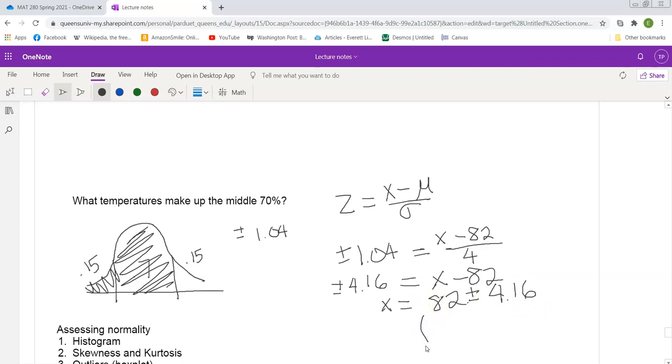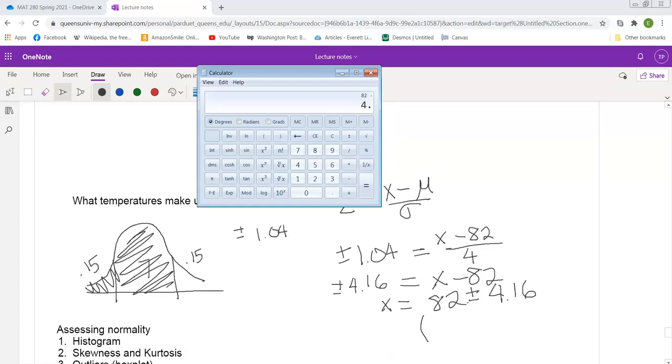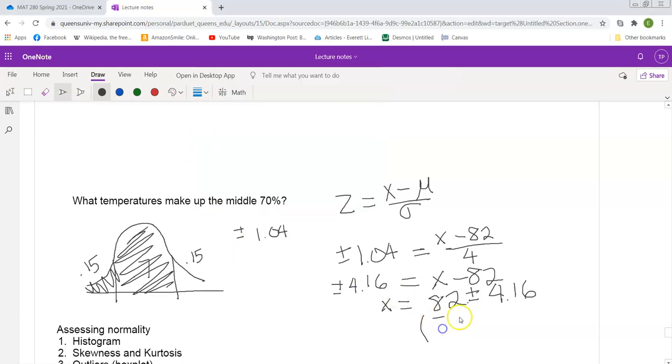So 82 minus 4.16 is 77.84, and then 82 plus 4.16 would be 86.16. All right, so that's it for our review of how to find normal probabilities and inverse normal probabilities. Stay tuned. In the next video, we will talk about assessing normality.